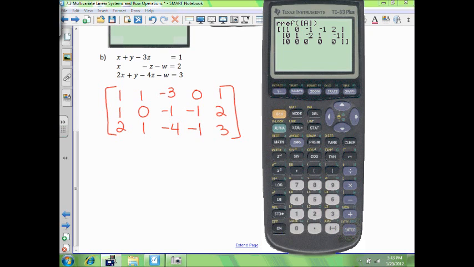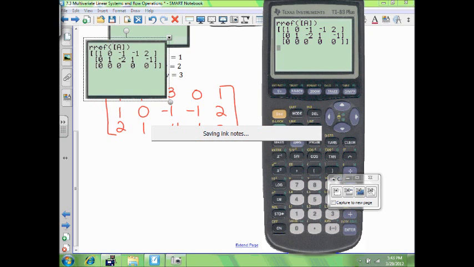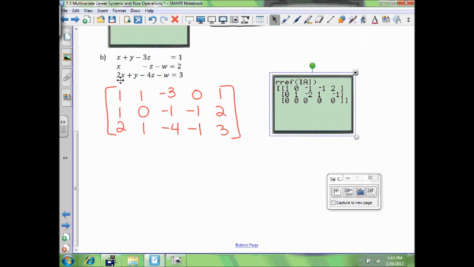Here's my reduced row echelon form. Now you can do this by hand, it's just much easier and more effective to do it using your calculator. So x minus z minus w equals 2, and y minus 2z plus w equals negative 1.